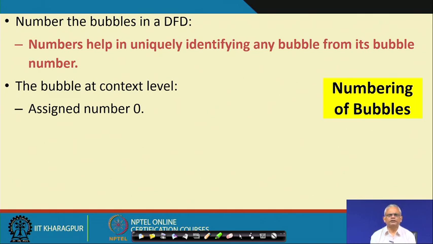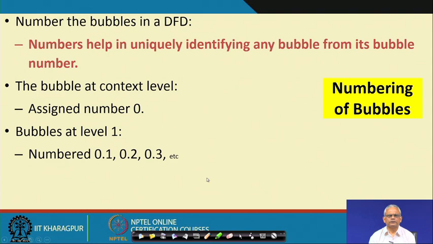The context level is assigned a number 0, that is the convention, and at level 1 we decompose into a set of bubbles. Let us say we decompose into 3 bubbles, then we number them 0.1, 0.2, 0.3, meaning that the parent of this bubble is 0, that is context.